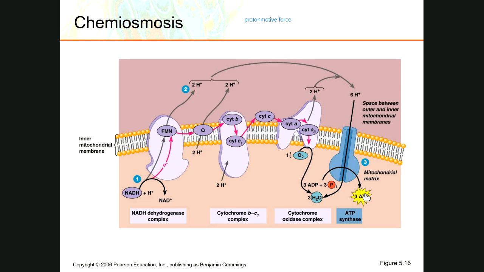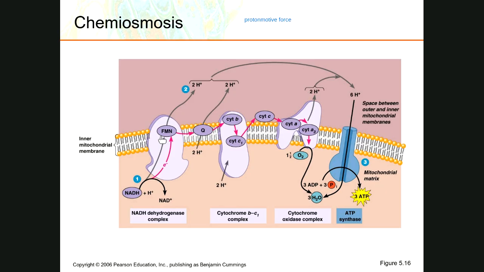So the alternate form of energy used to pump hydrogens are the electrons. As the electrons pass down the chain, energy gets released, and that energy is used to pump the hydrogens, which then flow through ATP synthase. So we actually have two forms of energy here, electrons and a concentration gradient. And that's how cells make ATP.